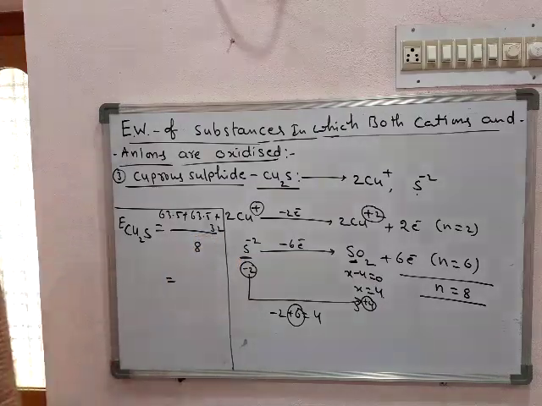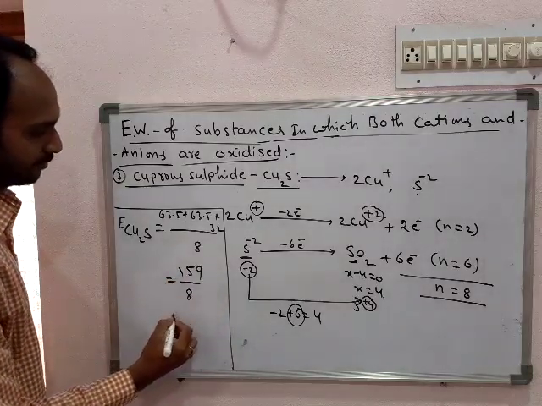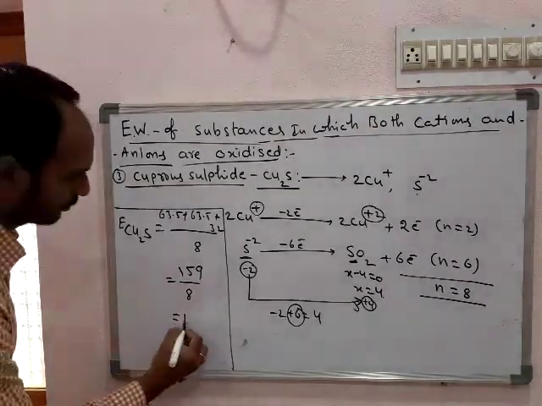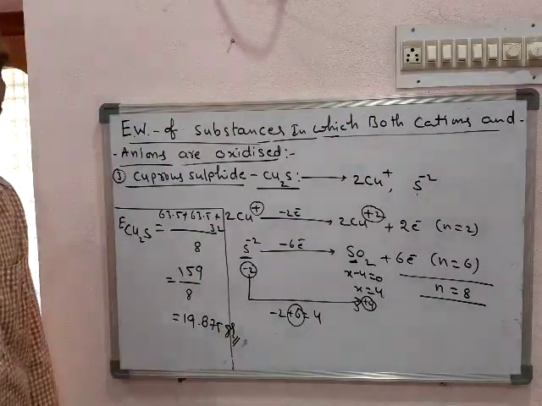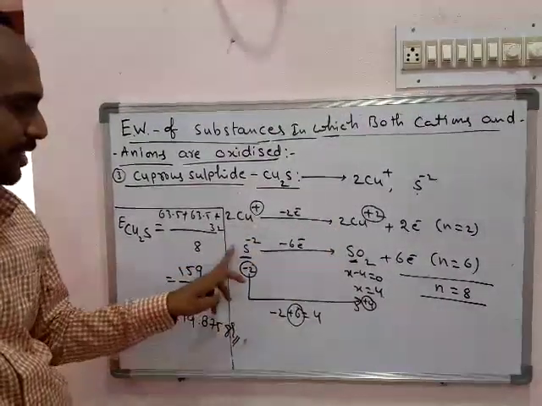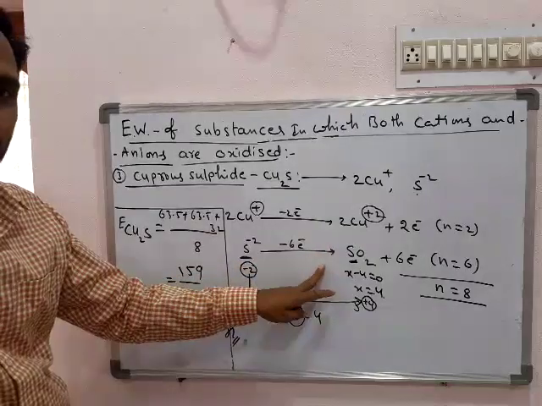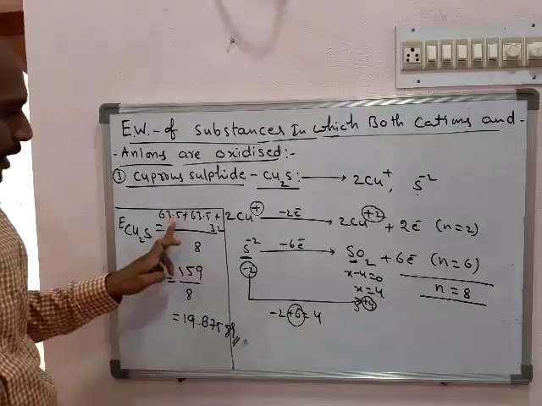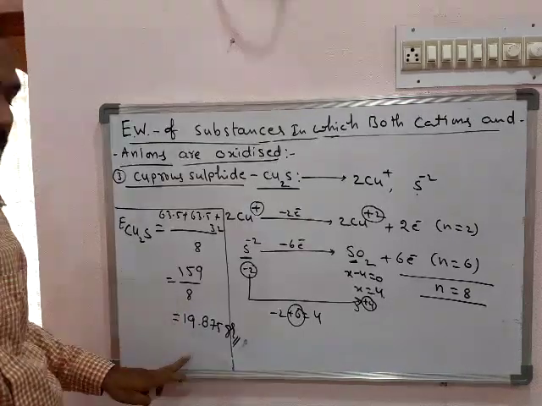The total value becomes 159 by 8, and here we get the value 19.875 grams. So it is the equivalent weight of cuprous sulfide, in which cuprous becomes cupric and sulfide becomes sulfur dioxide. Here 2 electrons are lost, here 6 electrons are lost, total 8 electrons lost in the total oxidation of that compound. The equivalent weight is the molecular weight by n factor.